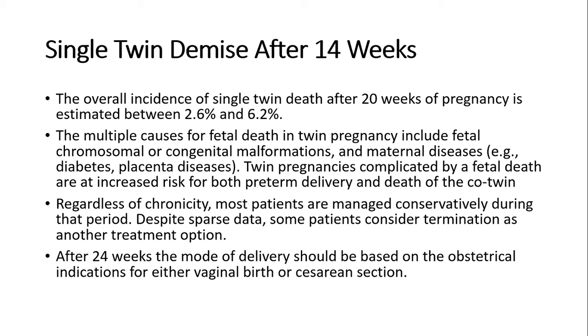The multiple causes for fetal death in twin pregnancy include fetal chromosomal or congenital malformations, maternal diseases like diabetes mellitus, and placental diseases. Twin pregnancies complicated by fetal death are at increased risk for both preterm delivery and death of the co-twin. And despite chorionicity, most patients are managed conservatively during this period. After 24 weeks, the mode of delivery should be based on the obstetrical indication for either vaginal birth or cesarean section.